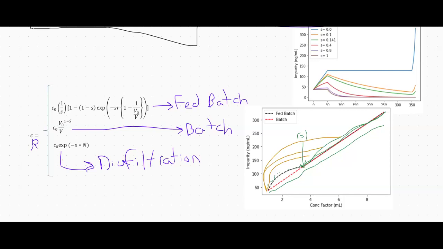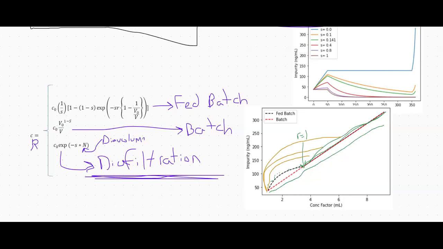So this is diafiltration, and it will describe the concentration in the retentate of your solute of interest. Okay. N in this case is the number of diavolumes.